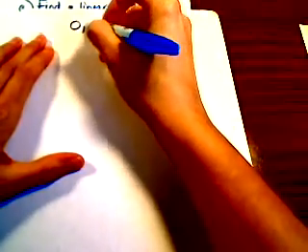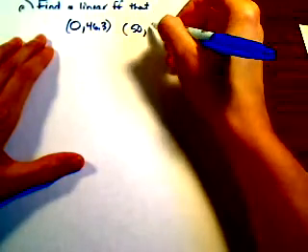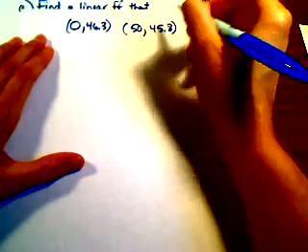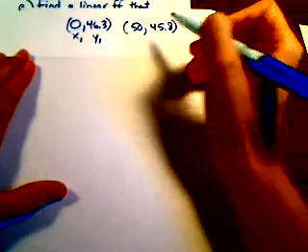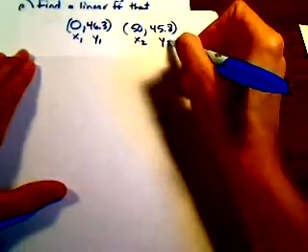Okay, so let's take these ordered pair points. We have 0 and 46.3 and 50 and 45.8, and let's find the slope. I'm going to label this x1, y1, and this is x2, y2.